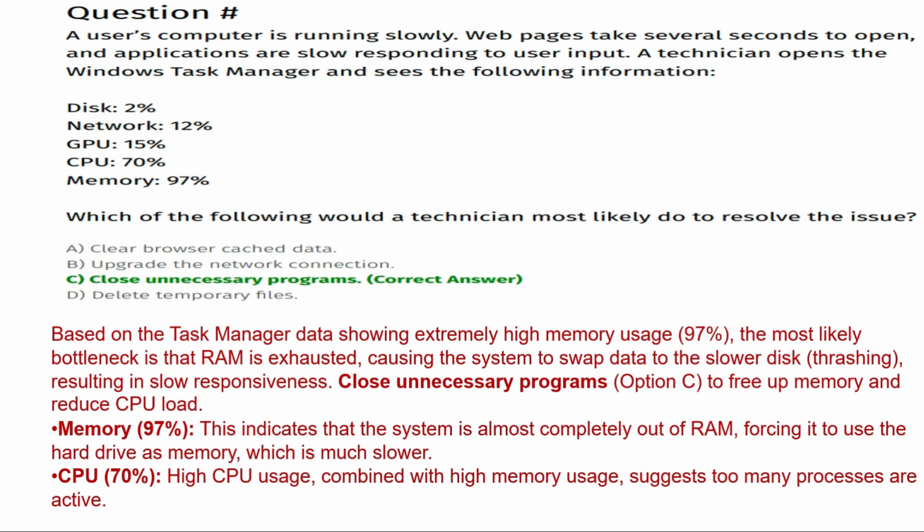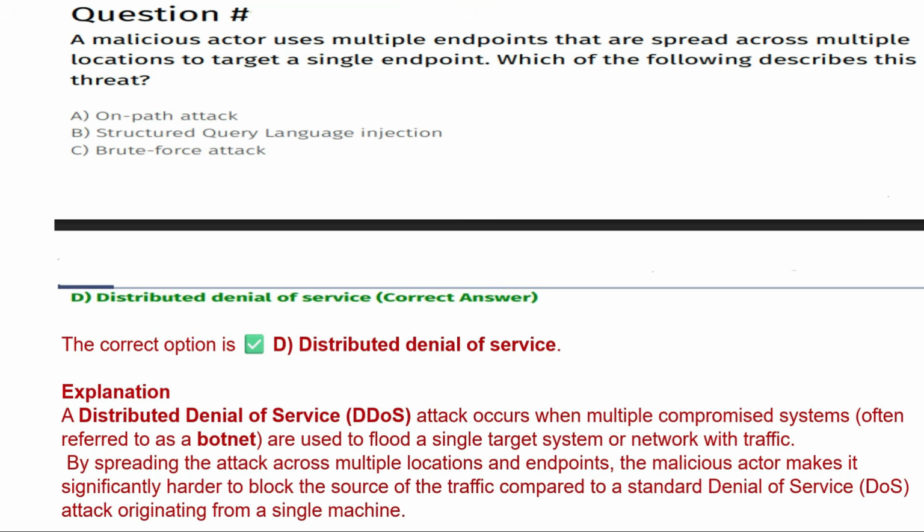Memory at 97% indicates that the system is almost completely out of RAM, forcing it to use the hard drive as memory, which is much slower. And CPU at 70%, high CPU usage combined with high memory usage, suggests too many processes are active. So that's why the correct answer for this question is option C, close unnecessary programs. So let's move to the next question.